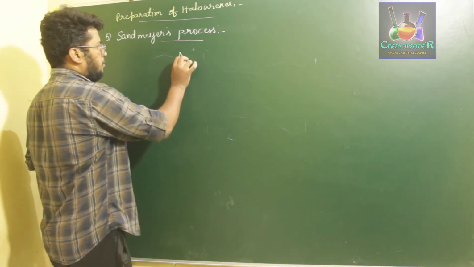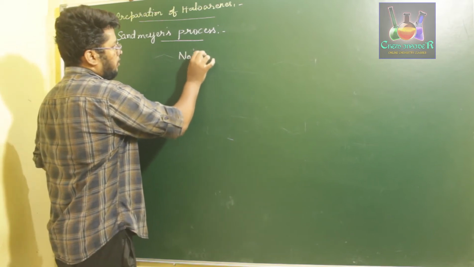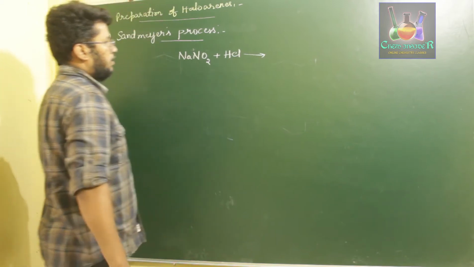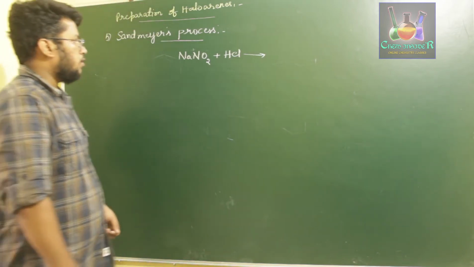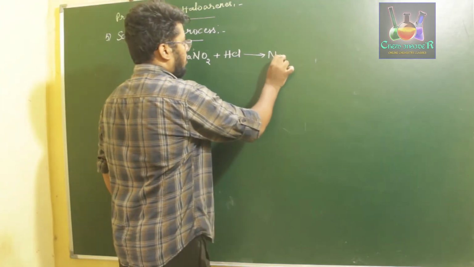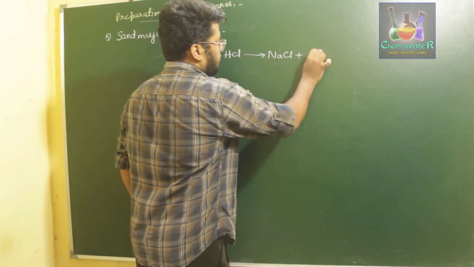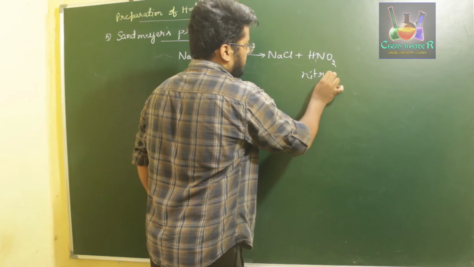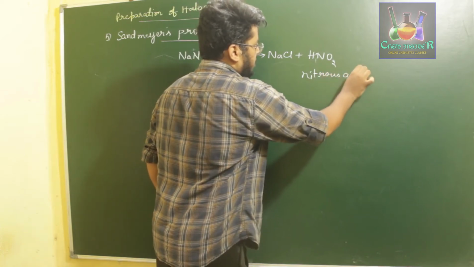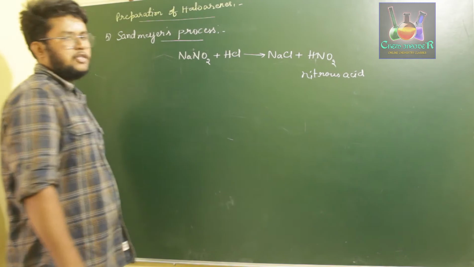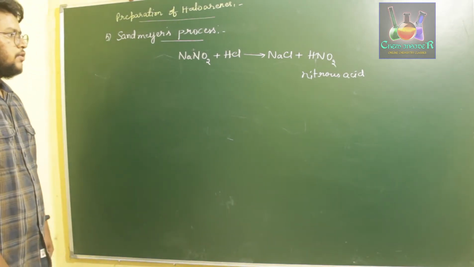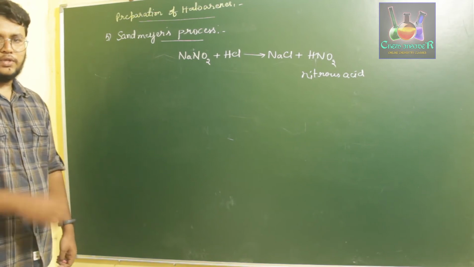When we treat sodium nitrite with HCl, we get sodium chloride along with HNO2. This HNO2 is called nitrous acid, and this is the compound which reacts with aniline to form our desired diazonium chloride.